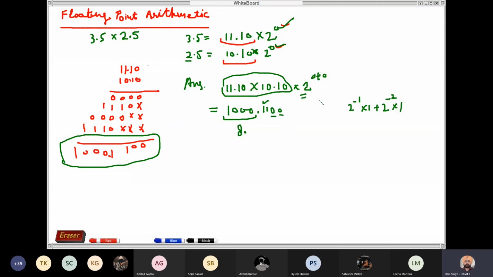So this is 2 power minus 1, this is 0.5, then 2 power minus 2, it will be 0.25. So the total becomes 0.75. The answer is 8.75. So we can verify it in this way. This conversion from binary to decimal is just for verification purpose.